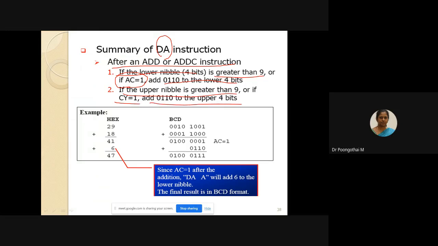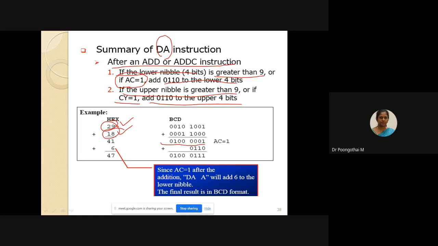So look at this addition, 29 plus 18. According to your microcontroller instruction execution, these are hexadecimal numbers. So first it will convert them into binary: 0010 1001 for 29, and 0001 1000 for 18. After the add instruction, these two are added, and the accumulator holds the result.